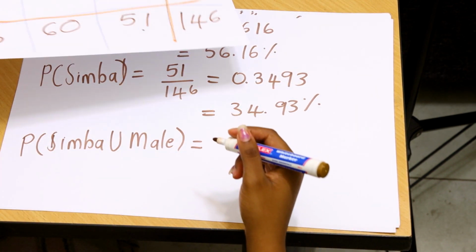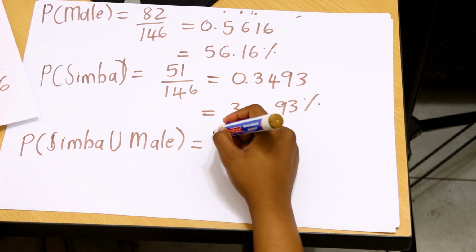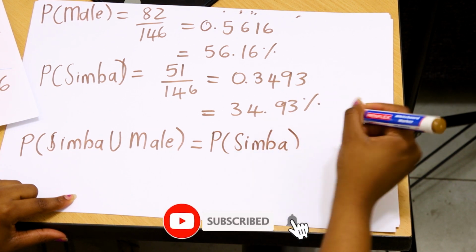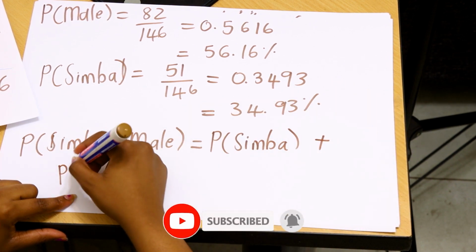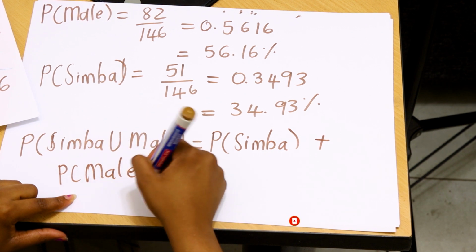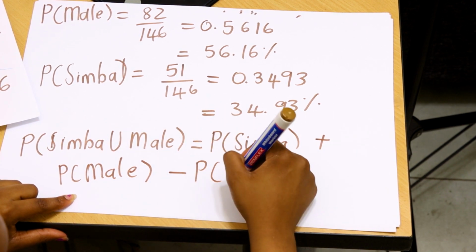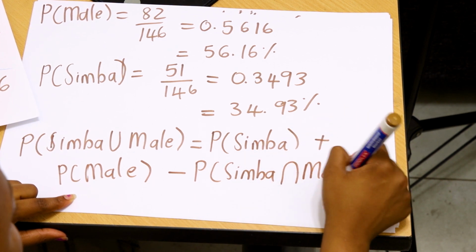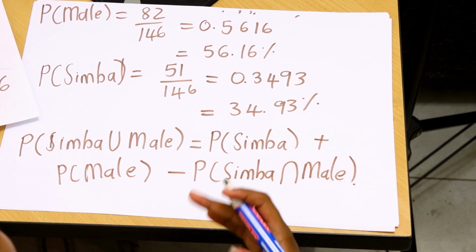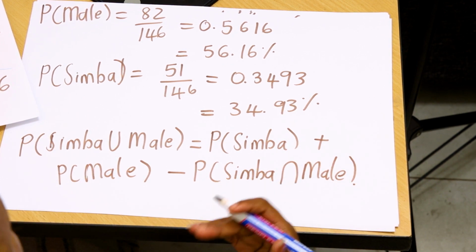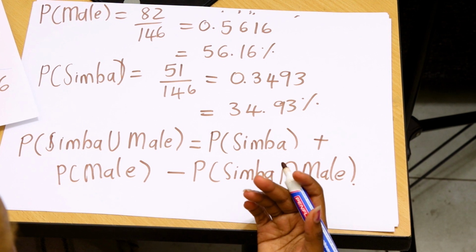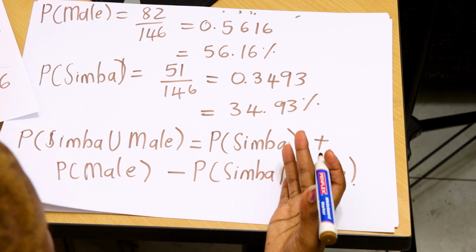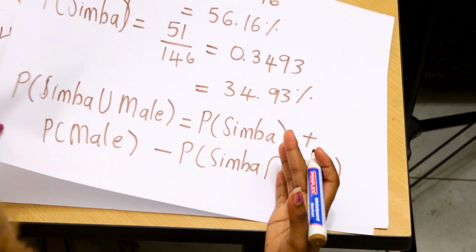So the probability of Simba union male would be the probability of Simba plus the probability of being male minus the probability of Simba and male. I explained that this is because they are non-mutually exclusive, which means we have to subtract the intersection. I will show you calculating these and then why we are subtracting the intersection.